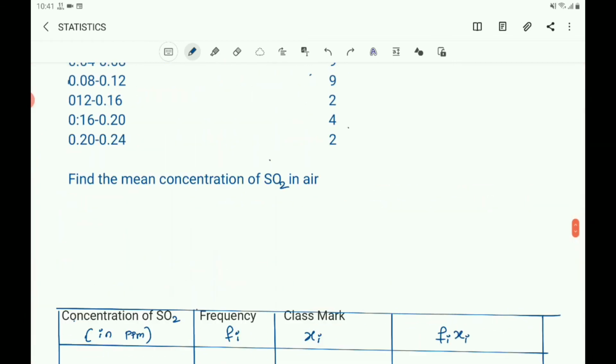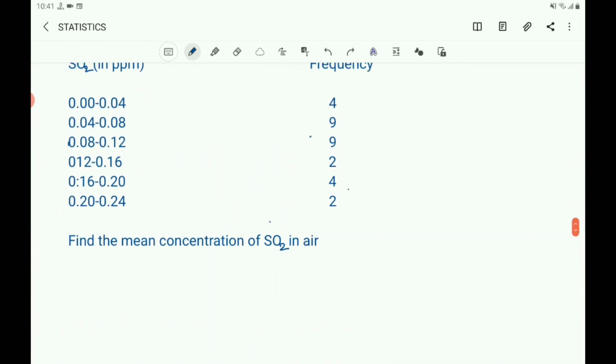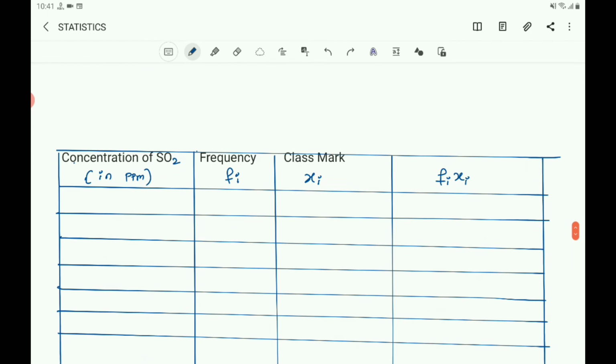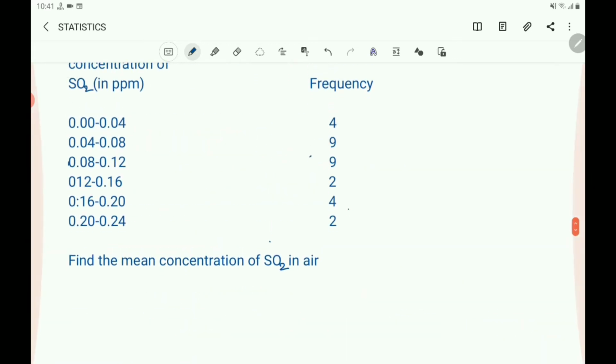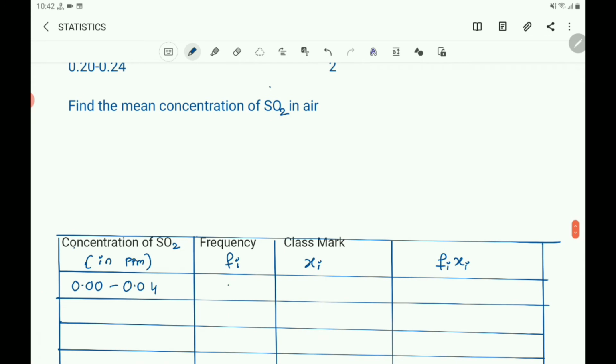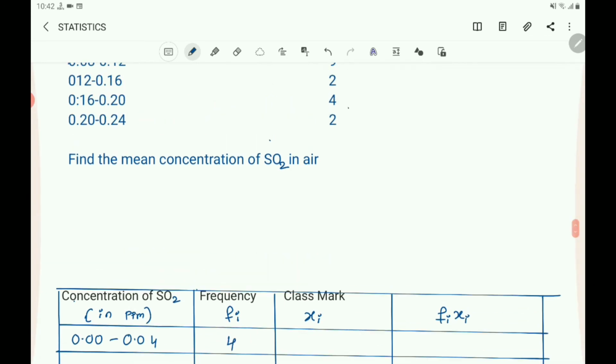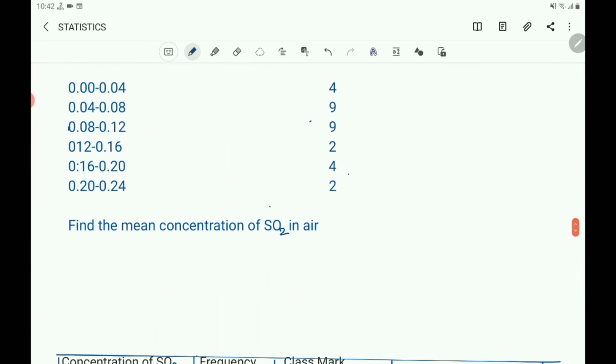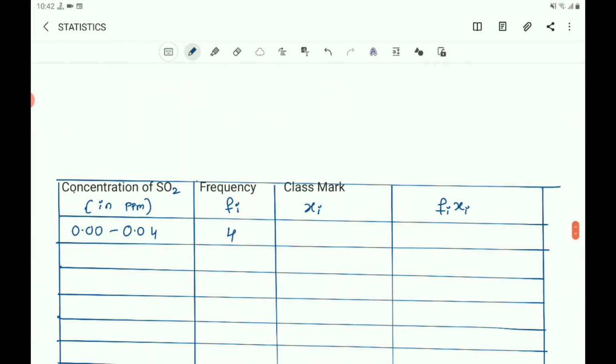Now the first one is 0.00 to 0.04. Frequency is 4. Next 0.04 to 0.08.